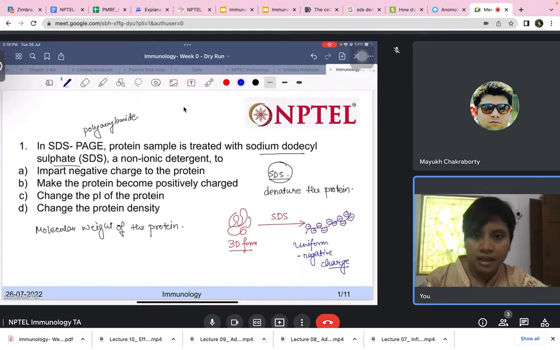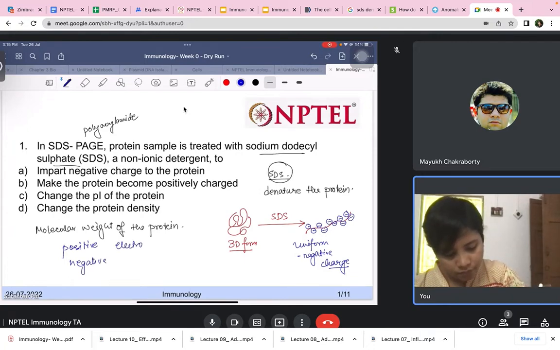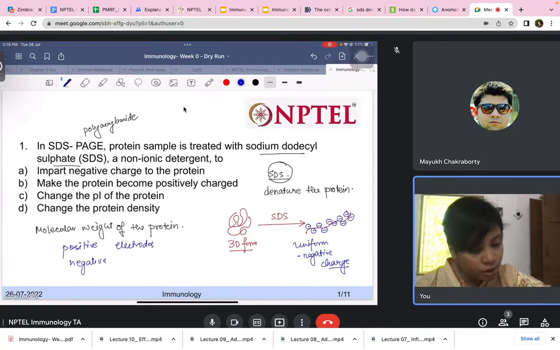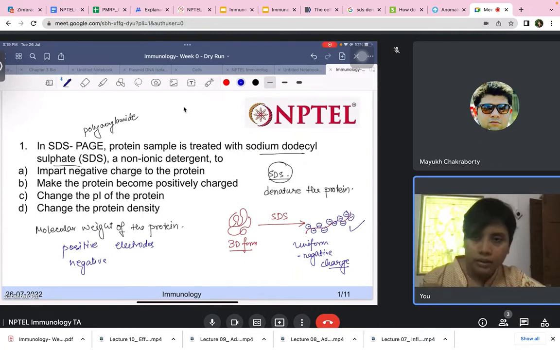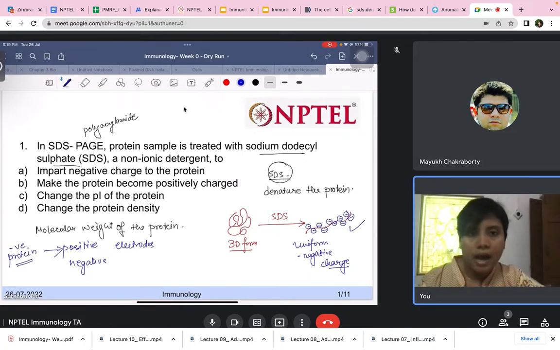This is important because in polyacrylamide gel electrophoresis, we have two electrodes, a positive electrode and a negative electrode. The protein molecules which will be negatively charged by the application of SDS will move towards the positive electrode.